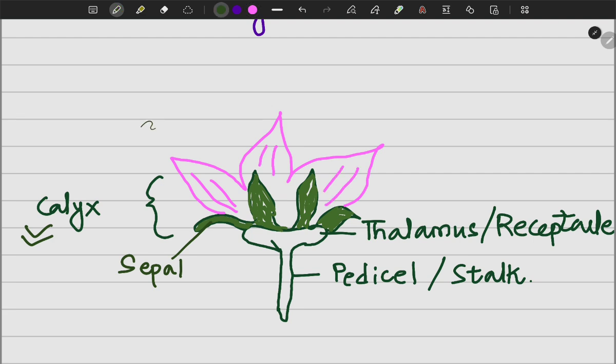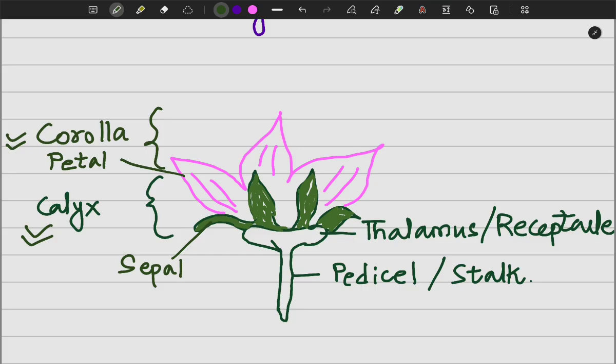This whorl is called the corolla, and the single unit of corolla is called a petal. So many petals together constitute a corolla. The corolla is brightly colored. The main function is to attract insects for pollination because of its color.